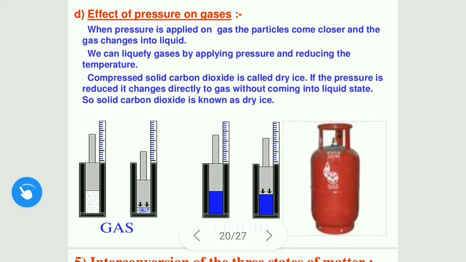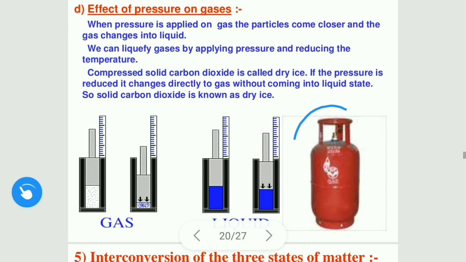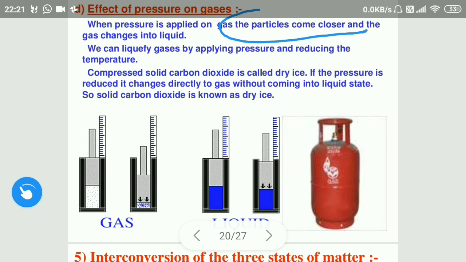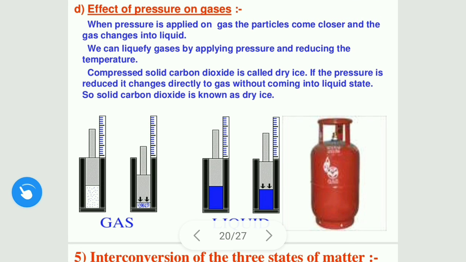Next is effect of pressure on gases. We have already seen LPG cylinders, that is liquefied petroleum gas. If we apply pressure to the gas, that is we apply a compression force on the gas particles, they come closer and so gas changes into liquid.